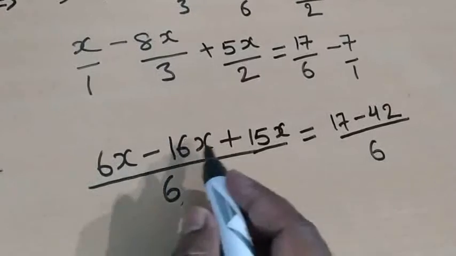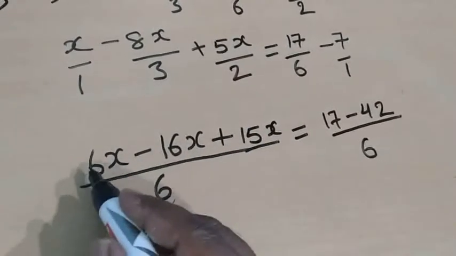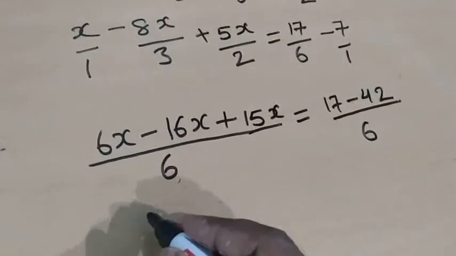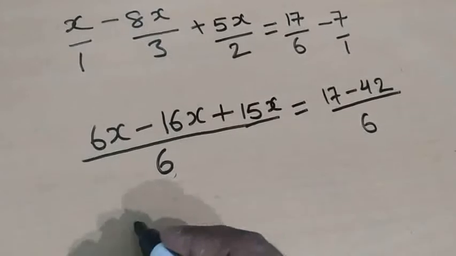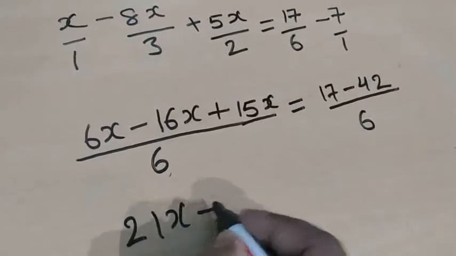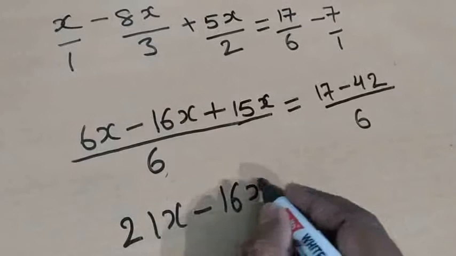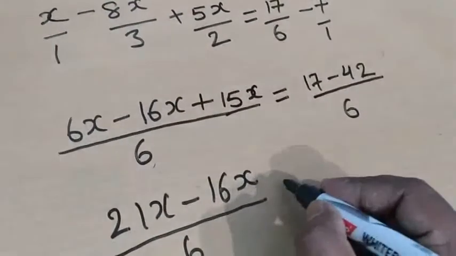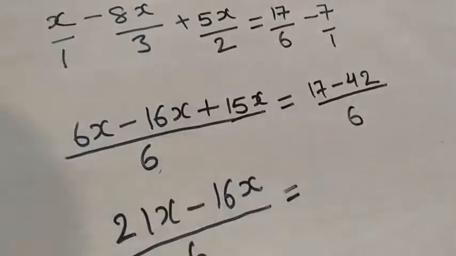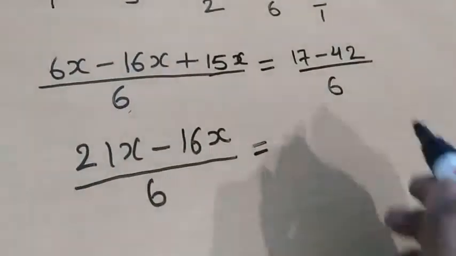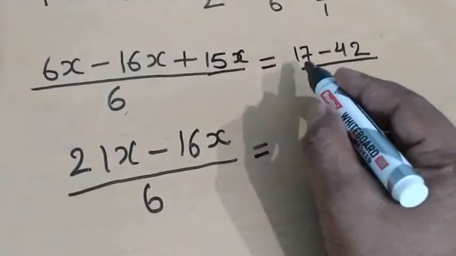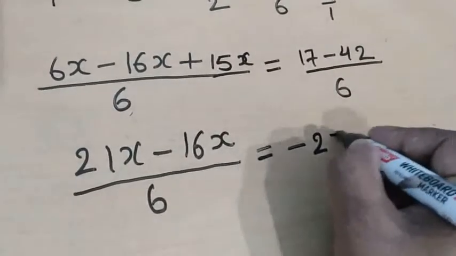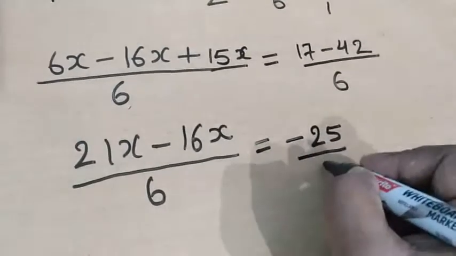Now this is plus, this is 6x and this 15x, both are positive, so we sum them, so 15x plus 6x will become 21x minus 16x by 6 is equal to, now here 17 minus 42 becomes minus 25 by 6.